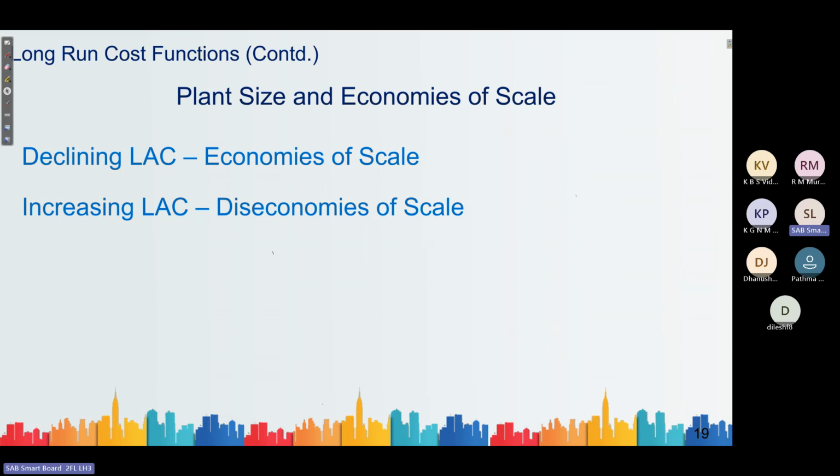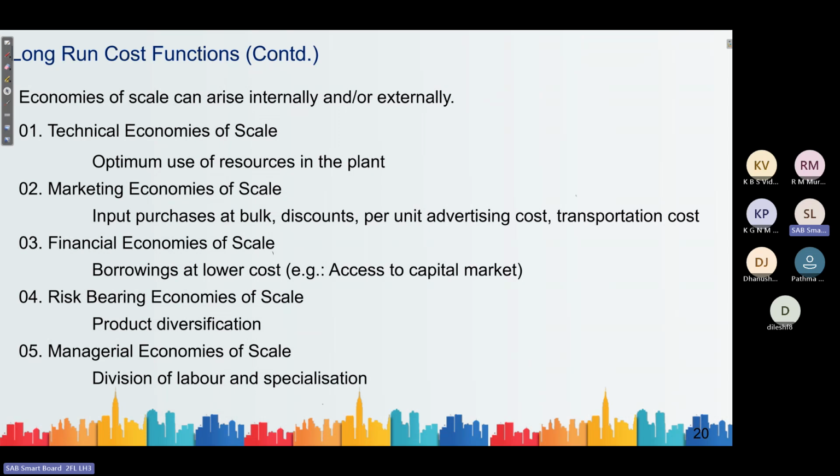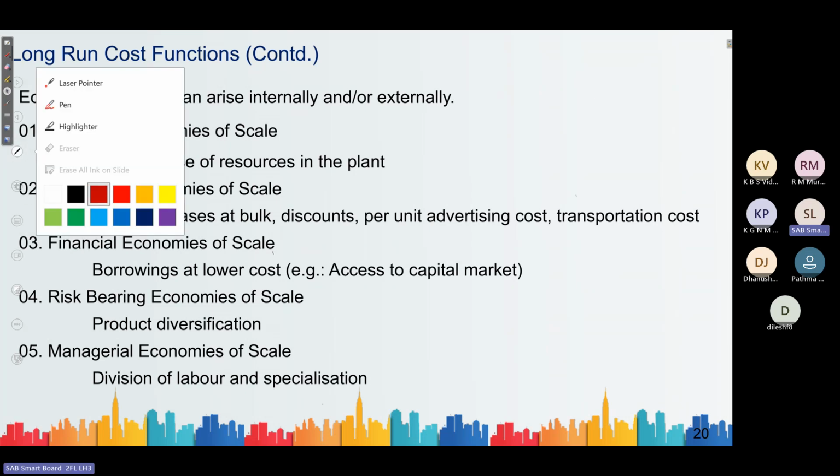Declining long run average cost is economies of scale. Increasing long run average cost is diseconomies of scale. So these are the reasons for economies of scale. Technical economies of scale: in the long run, firms can utilize advanced technologies.